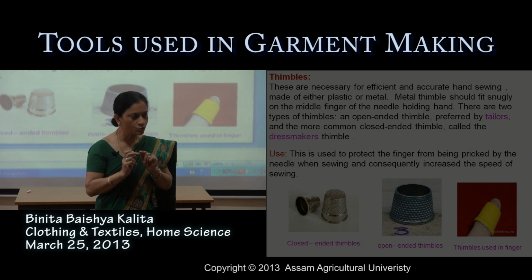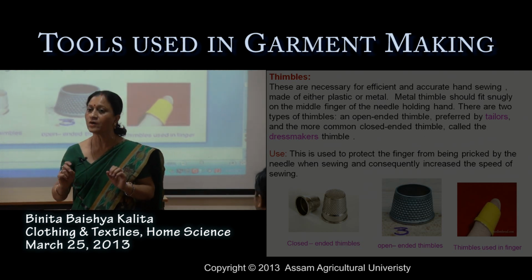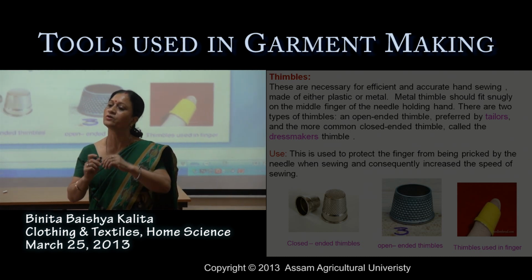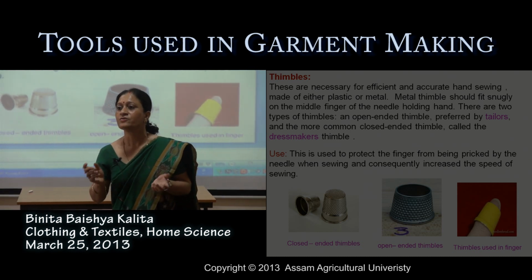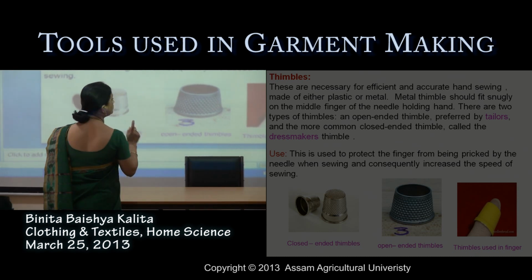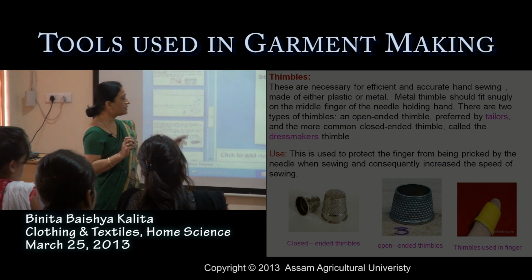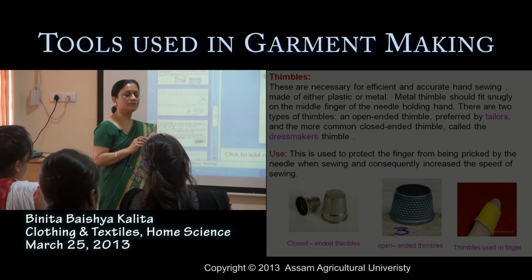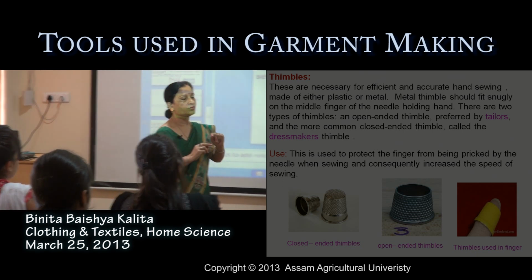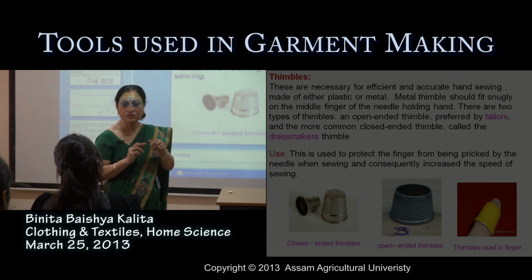Okay, if it is too tight, you will feel uncomfortable to do the work, and if it is loose, it will come out when you work it. So the size of the thimble is very important. It should be snugly fitted to your finger. And these thimbles are of two types. One is closed on the top, and one is open on the top.